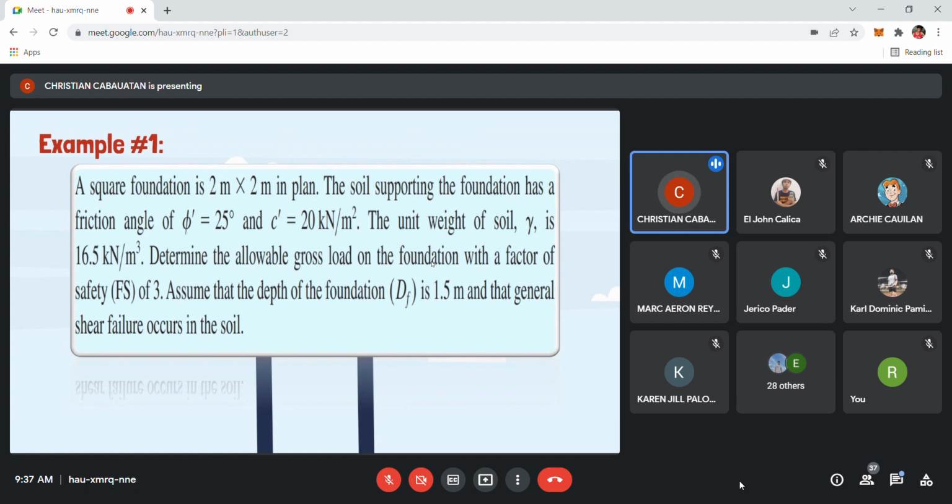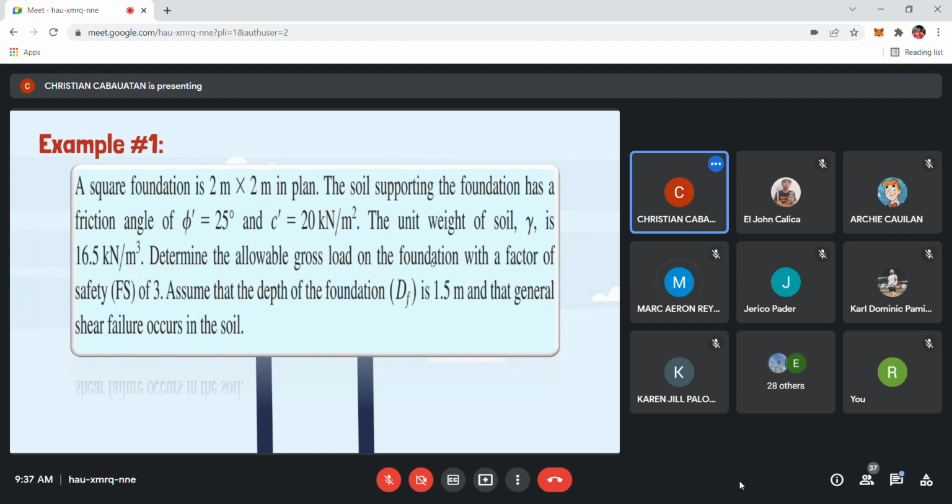Like this problem, the problem is helping us to use the general shear failure. Pero kung hindi naman sinabi kung anong failure siya, and then nakita natin na merong apostrophe, si friction factor at si cohesion, then we could use the local shear failure. Okay lang ba? Naintindihan?